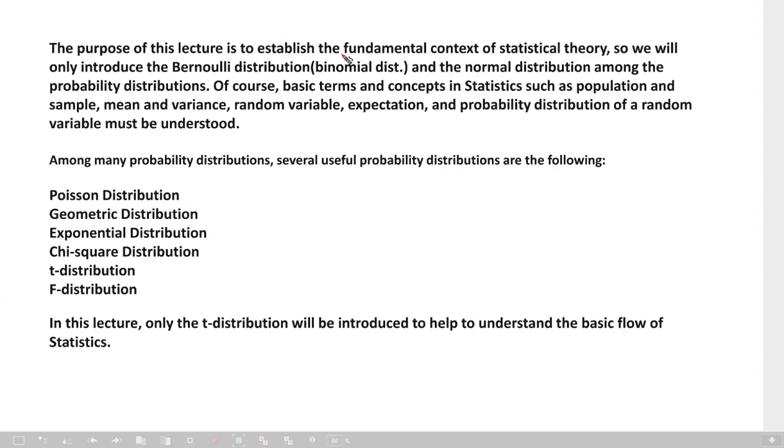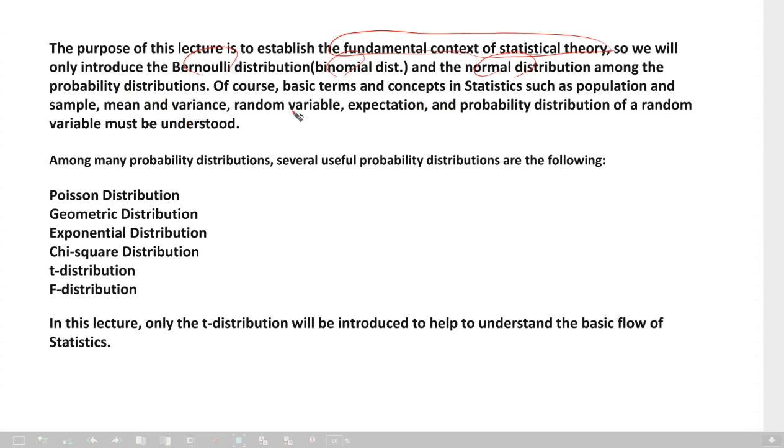This is just a fundamental context of statistical theory. I introduced the Bernoulli, binomial, and normal distributions among the probability distributions.